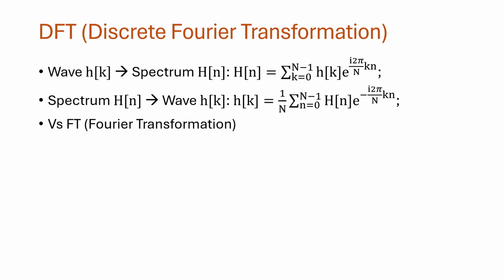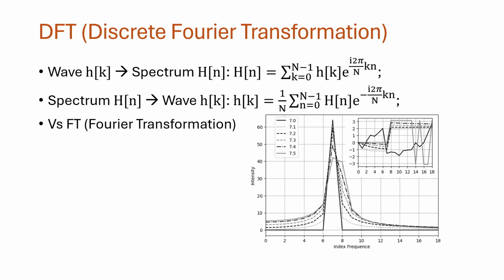And I have to point out, DFT is not strictly continuous Fourier transformation. It has a big modeling error. Namely, if we transform a sine function, depending on the frequency, we can get a delta function or a much wider function, and the phase can be pi over 2 or 0.